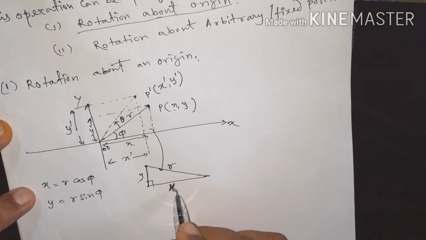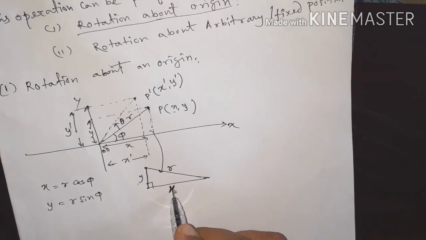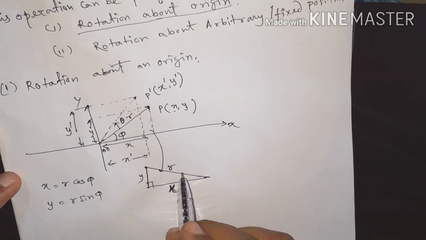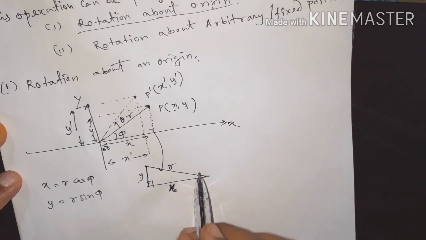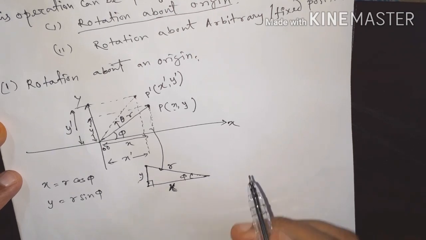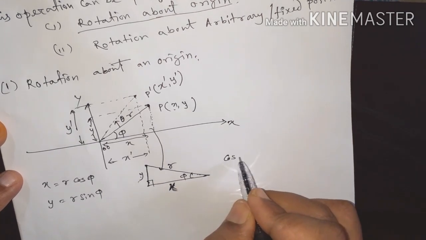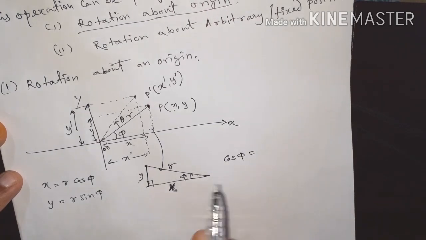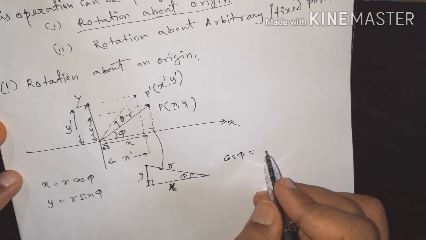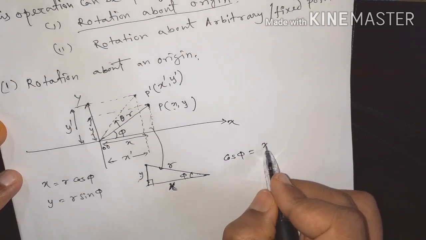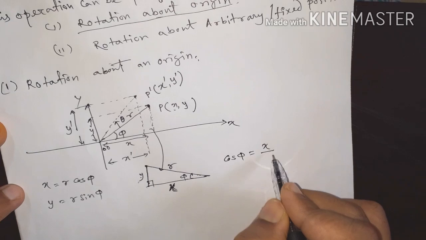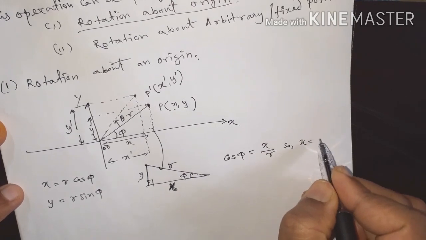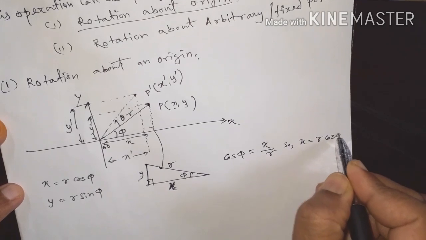The angle is phi. Now cos phi equals x by r, so x equals r cos phi.